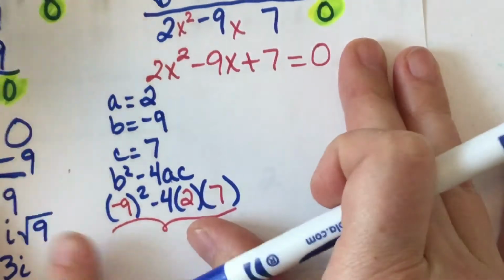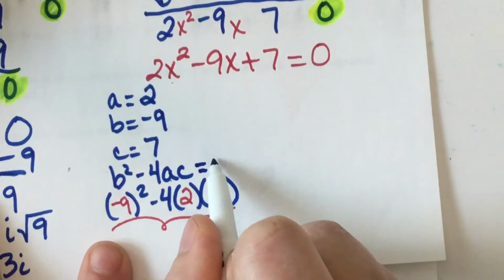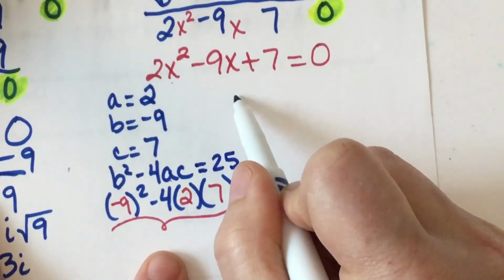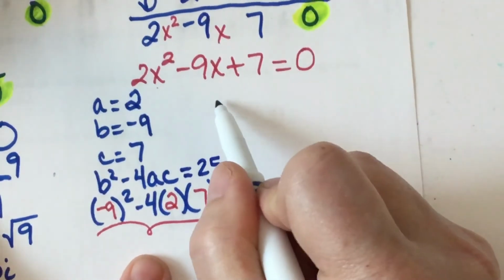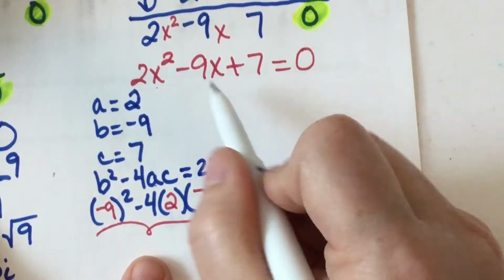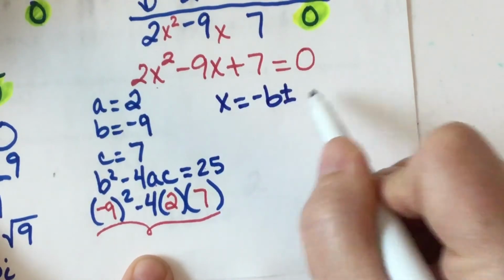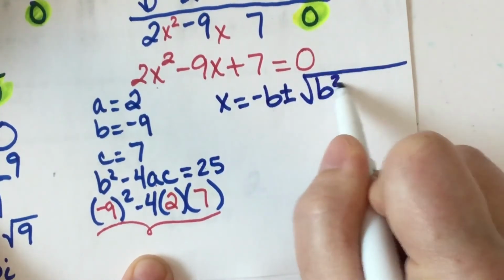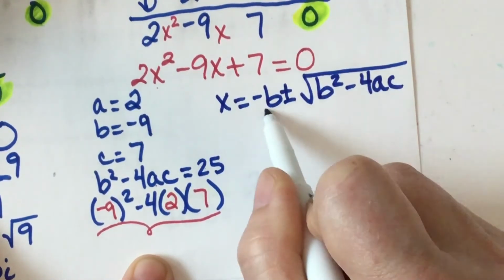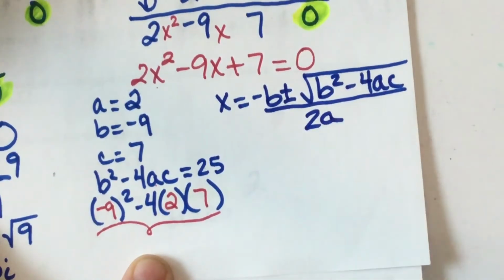Okay, so now I'm going to solve this with the quadratic formula. So I know I wasn't really singing this at the time, but I feel like singing now. I think we all need a little song in our life. X equals the opposite of b plus or minus square root b squared minus 4ac all over 2a.